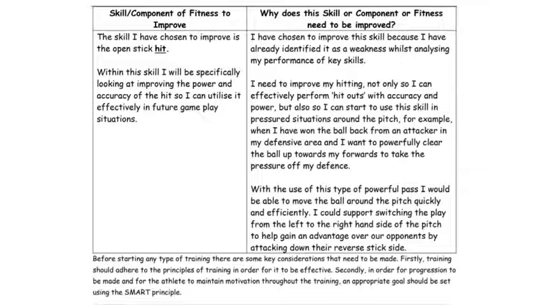If I read this middle bit, I need to improve my hitting, not only so I can effectively perform hit outs and accuracy and power, but also so I can start to use this skill in pressured situations around the pitch. For example, when I've won the ball back from the attacker in my defensive area and I want to powerfully clear the ball up towards my forwards. So she's gone into why she's improving the skill and how it will improve her game.